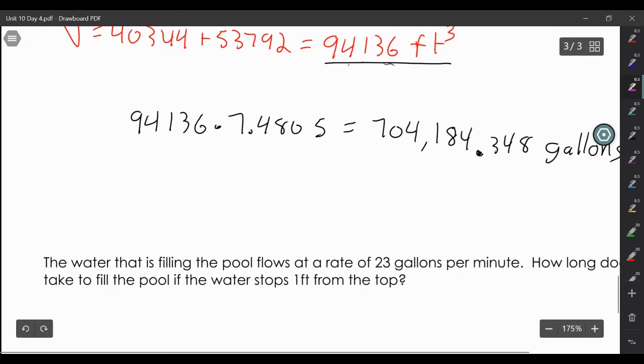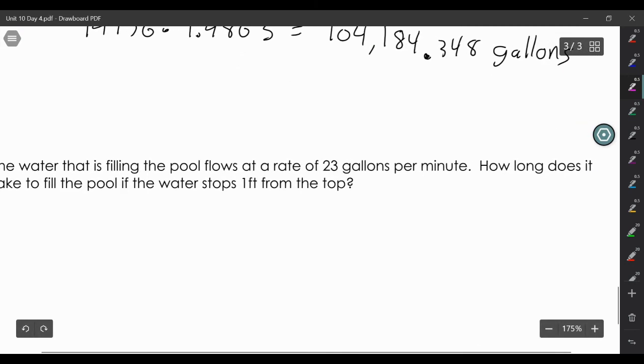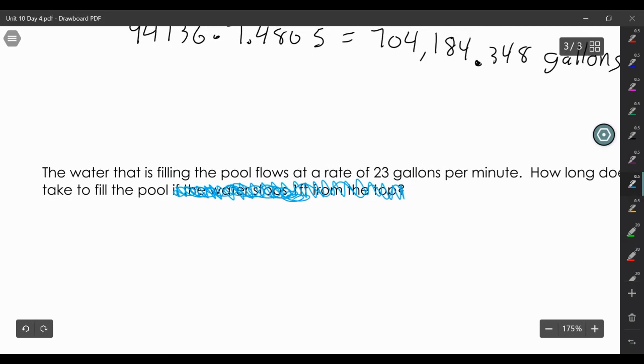Okay, now the last part of the problem, the water that is filling the pool flows at a rate of 23 gallons per minute. How long does it take to fill the pool? We're going to cross off this part here. If the water stops 1 foot from the top, because this is going to add a lot more to our calculations. To figure this out, we're going to take the number of gallons.